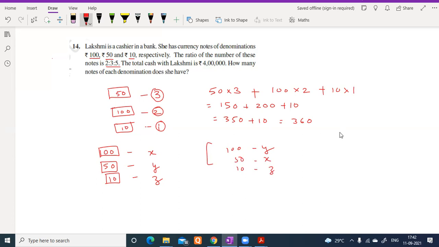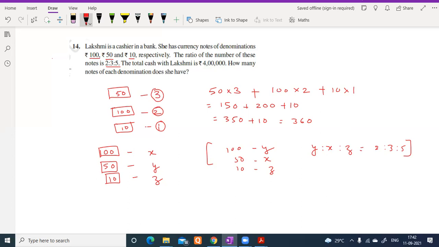First is 100 rupee notes, that is Y, is to next 50 rupee notes, which is X, is to 10 rupee notes, which is Z. It is equivalent to 2 is to 3 is to 5. That you should take. Hope it's clear.